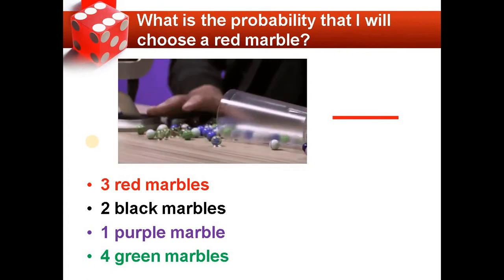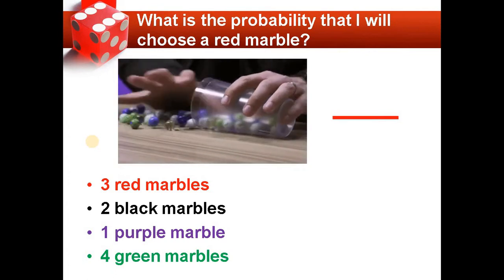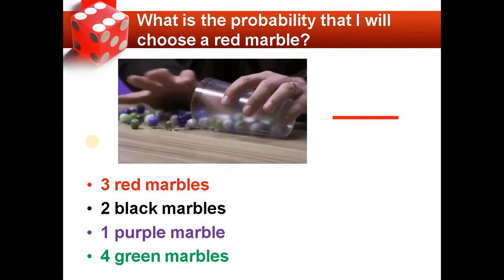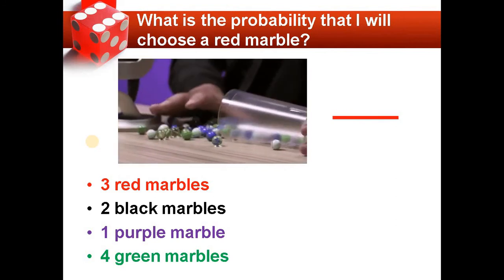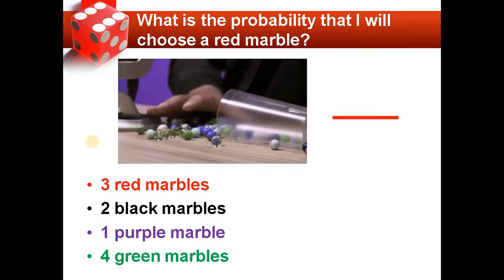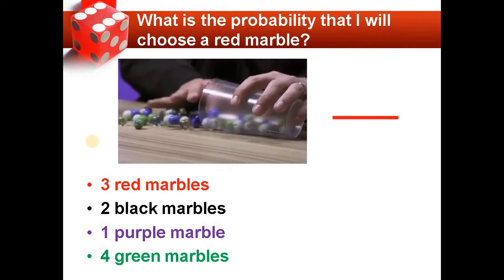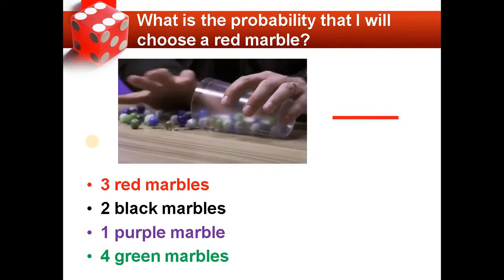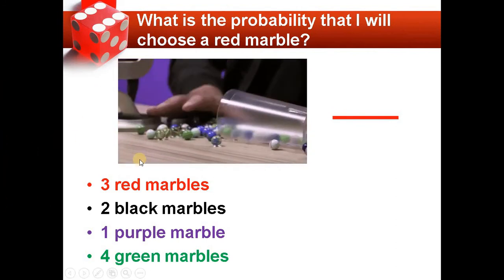We need to choose a red marble. The numerator, or A, will tell you how many things you like. In this question, it is red marbles.